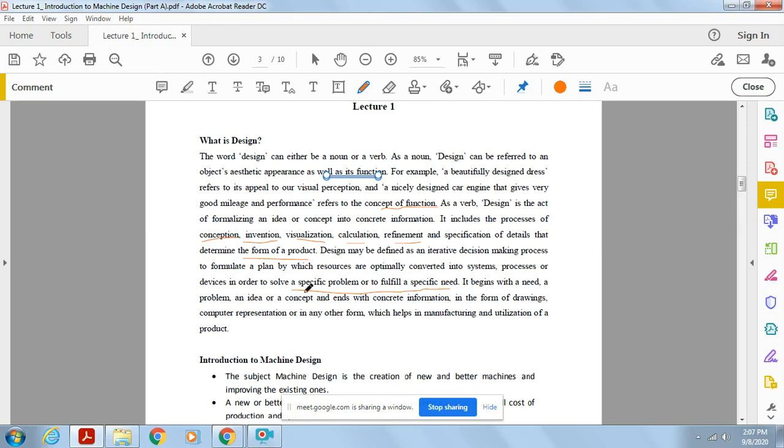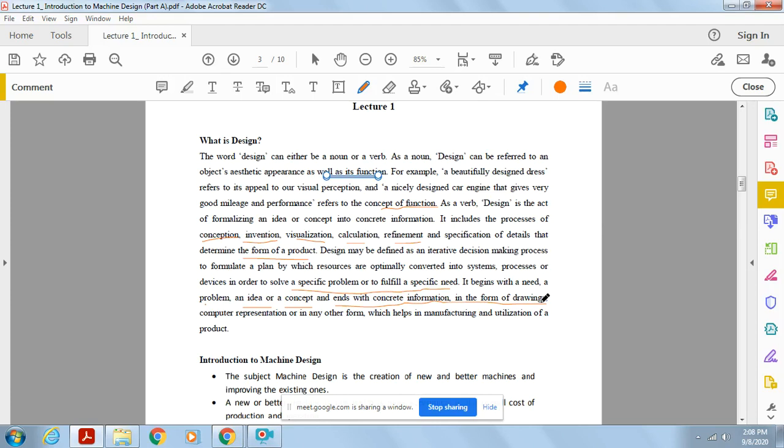It begins with a need, a problem or an idea or a concept, and it ends with concrete information in the form of drawings. That means whenever you have some need, problem or idea, all those conceptions will be created as an information basis.